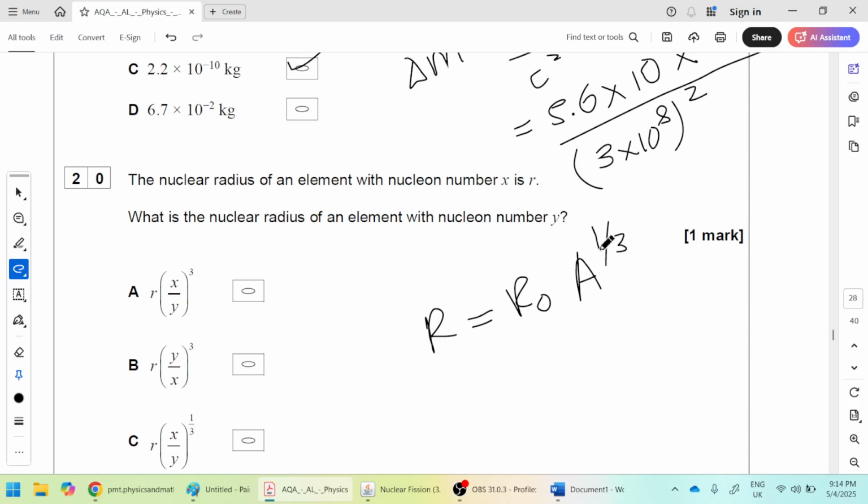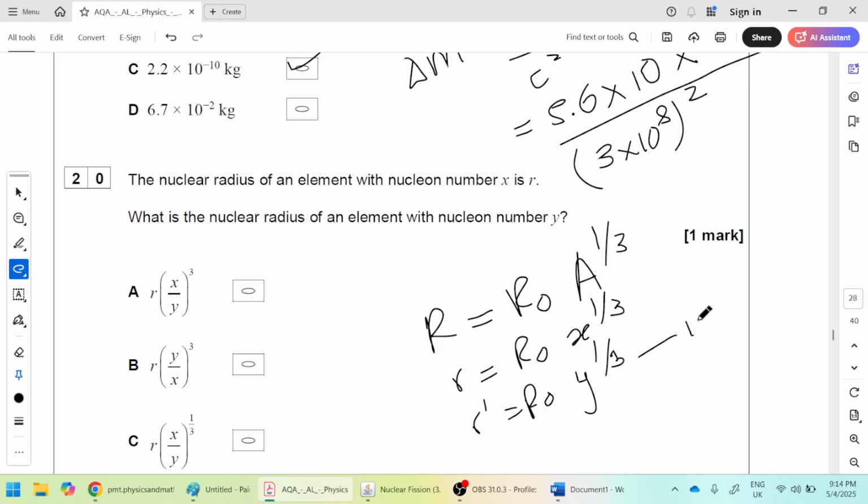Cool. So I'm going to write two simultaneous equations. First, for nucleon number x, R equals R naught, unknown value, x to the power 1/3. For y, I'm going to call it R dash, R naught, y to the power 1/3. Two simultaneous equations. I want to get an expression for this.